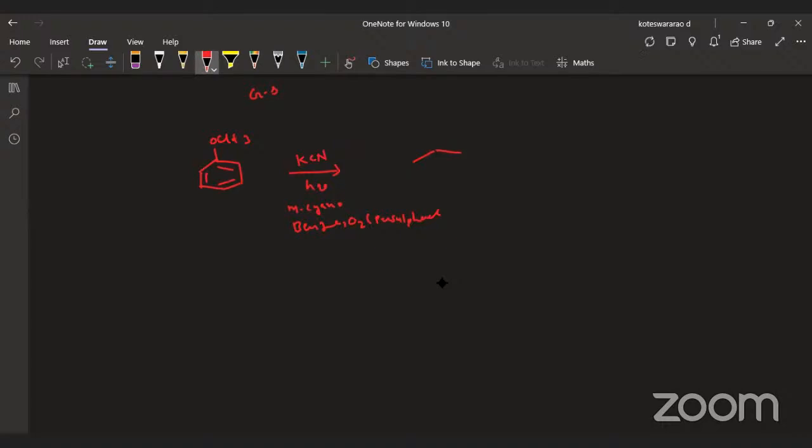That leads to the formation of cyanation at the ortho position and para position in equal manner. That leads to two different products. One is the orthocyanoanisole and another one is the paracyanoanisole.